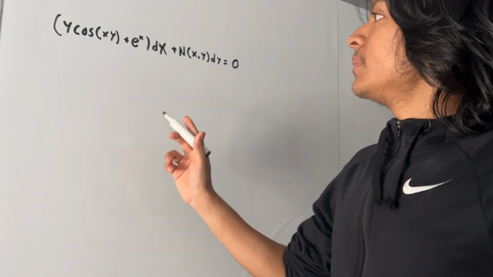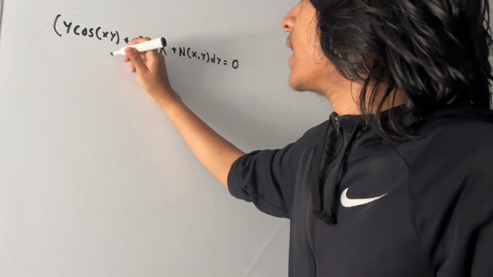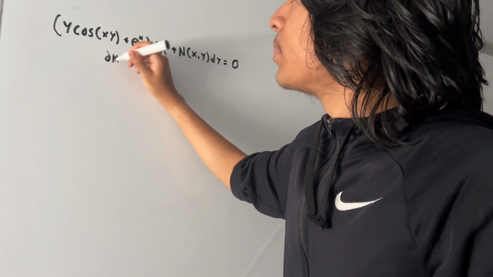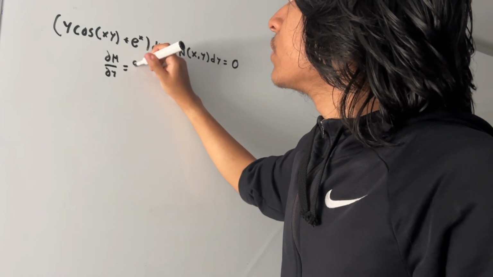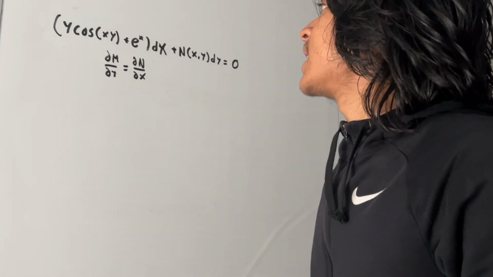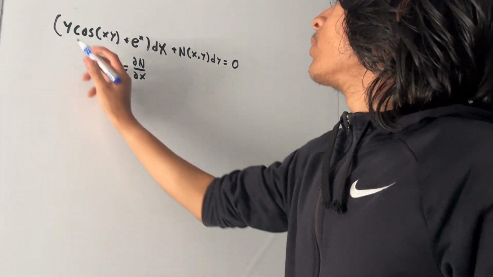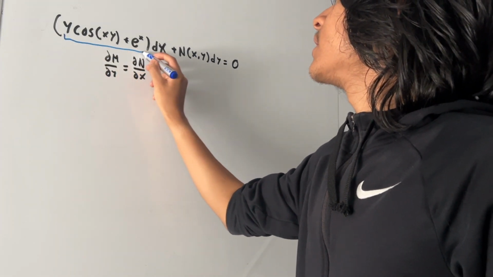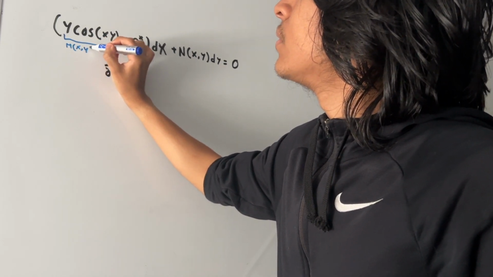So for this one, if we're looking for exactness, we know that from the beginning, the partial of M with respect to y has to be equal to the partial of N with respect to x. So this signifies exactness. And what we know is that this part is M of x, y.